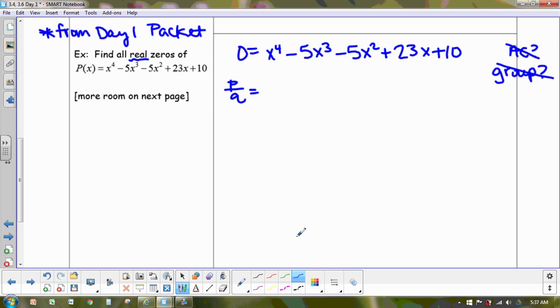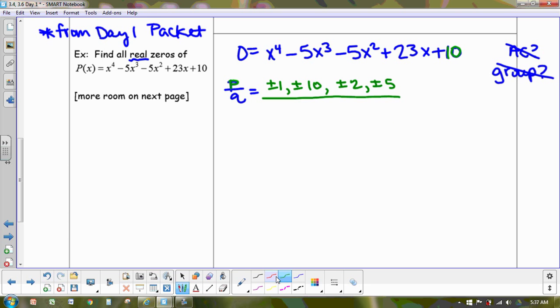So I can factor for P all the factors of the last constant, 10, so plus minus 1, plus minus 10, plus minus 2, plus minus 5.